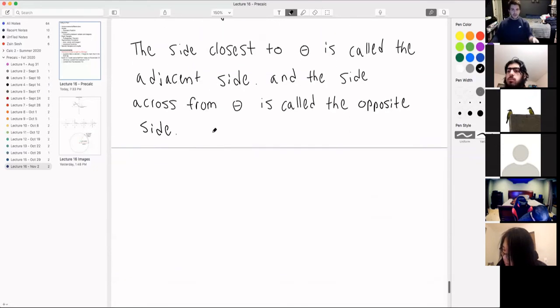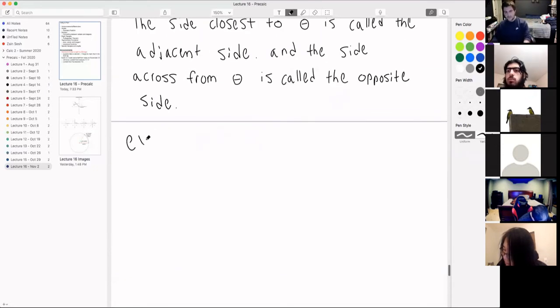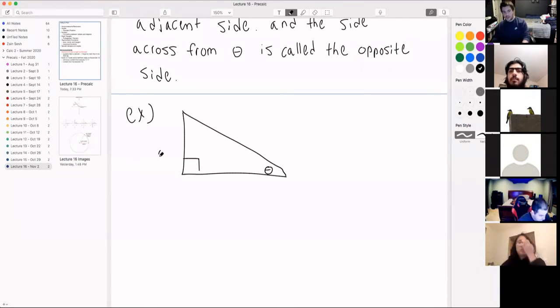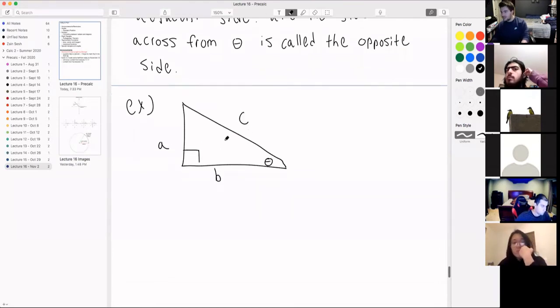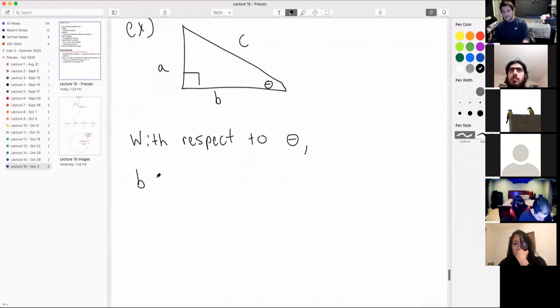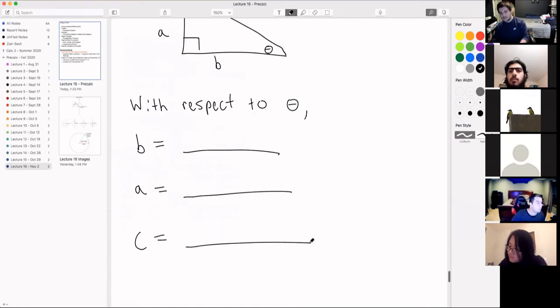Okay, good. So a quick example of this. We have a triangle. This will be theta. It's a right triangle. I'll have A, B, and C. Now, I would just like you guys to tell me with respect to theta, B is the what side, A is the what side, and C is what.